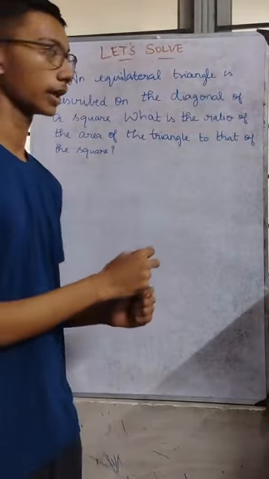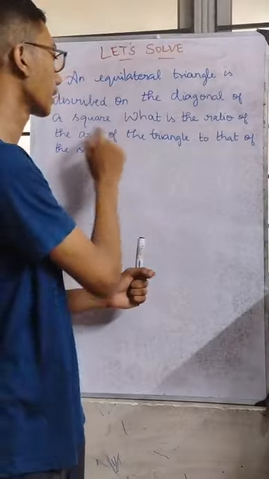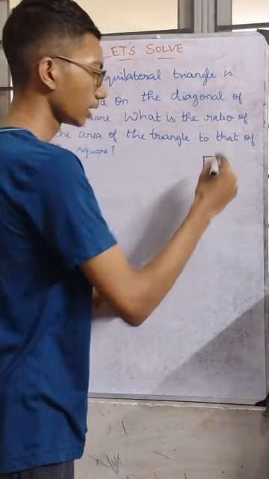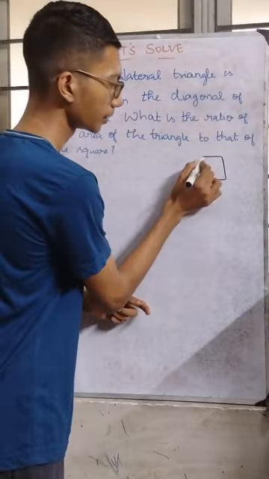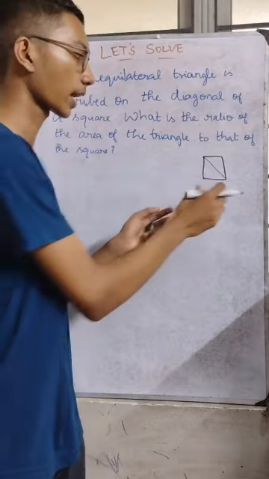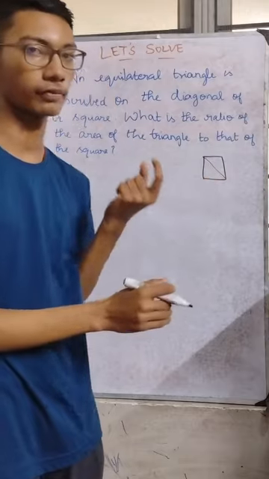So we have two shapes here, an equilateral triangle and a square. What the question asks is, let's say this is a square and this is a diagonal of the square. An equilateral triangle is described on this diagonal as one of its sides.